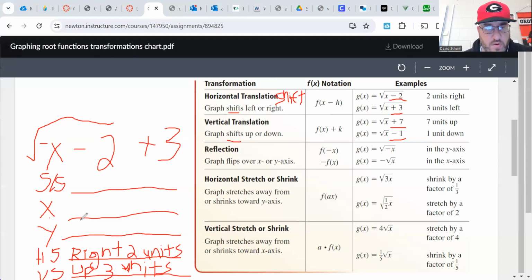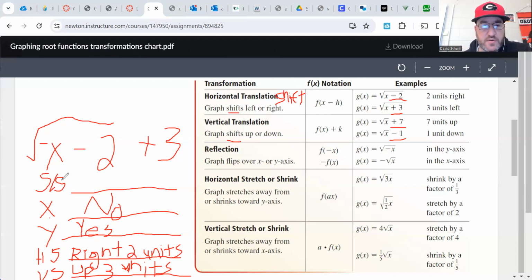So for y-axis, we're going to put yes. Again, pardon. I'm trying to do this with my finger. And then for x-axis, we're going to put no. Okay.